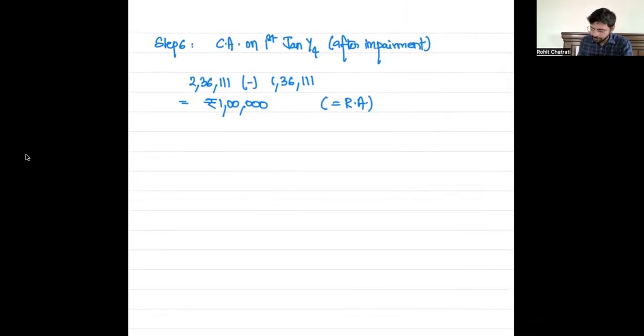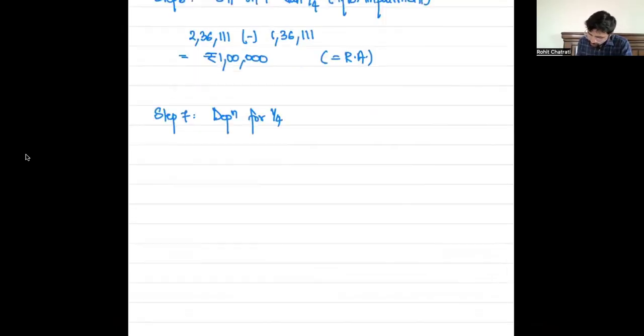So the depreciation for year 4 is going to be based on 1 lakh, which is the carrying amount after recognition of impairment loss, less salvage value, the whole divided by 10 years, which is equal to rupees 10,000 per annum.